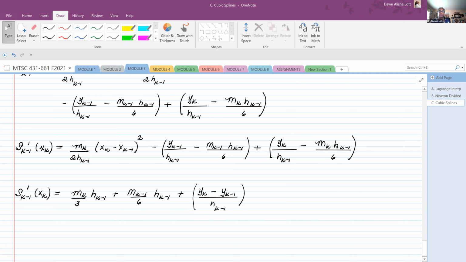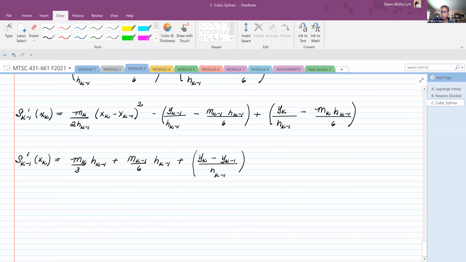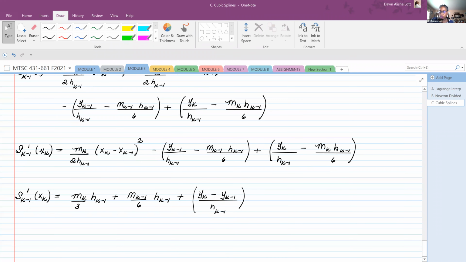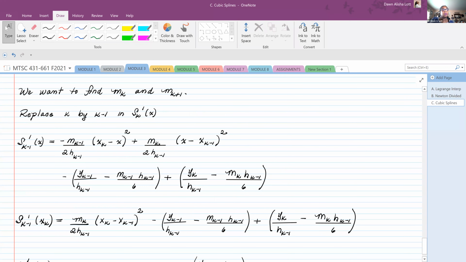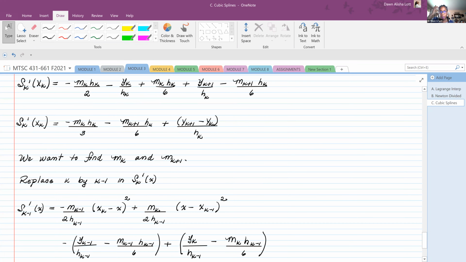So now I have two equations. So the first one is S_k' at x_k.